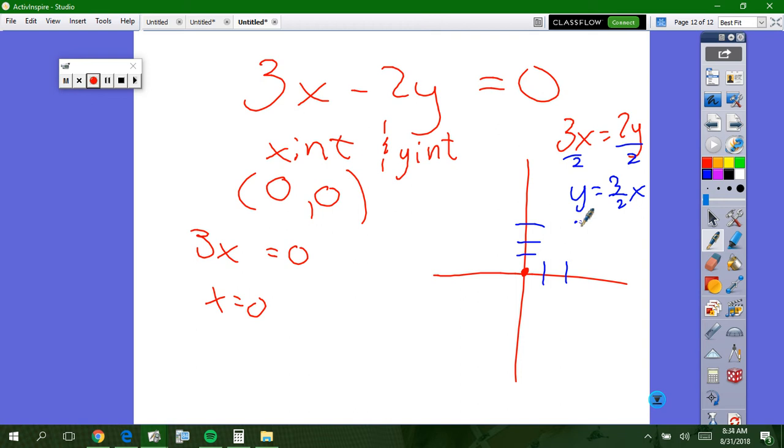Or I could go down 3, run a negative 3. But do you see how that's a slight dilemma if I'm trying to graph by my intercepts and they're the same thing? The origin, you need to go ahead and then get the slope going.